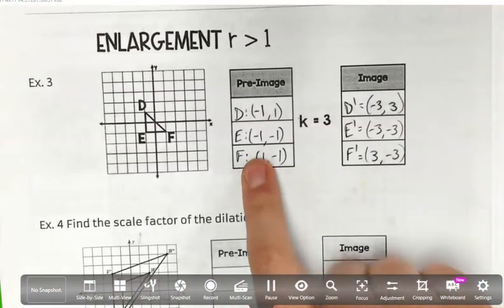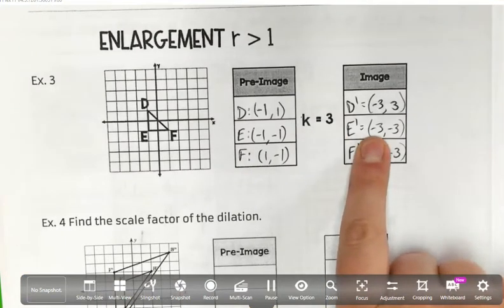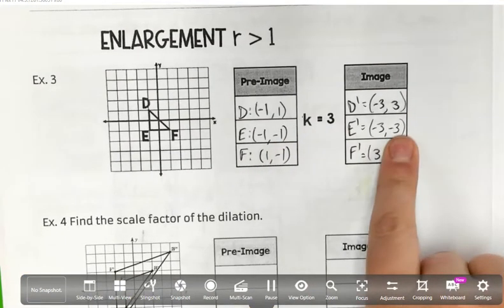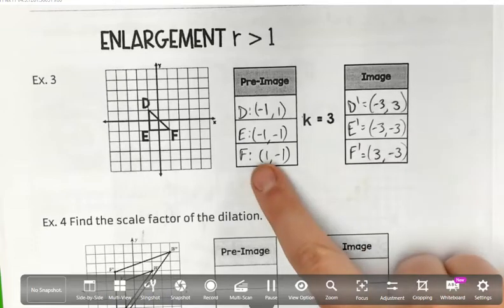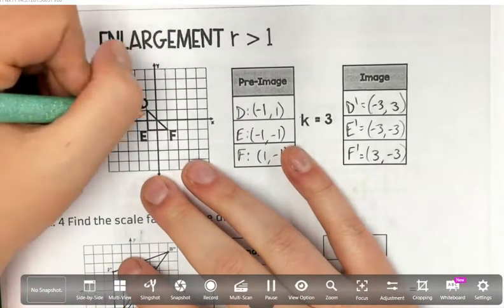Okay, see what we did there? So -1 times 3 is -3. -1 times 3 is -3. Same here. 1 times 3 is a +3. And then there's my shape.